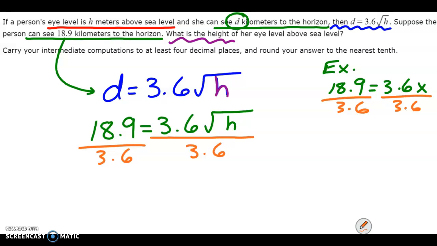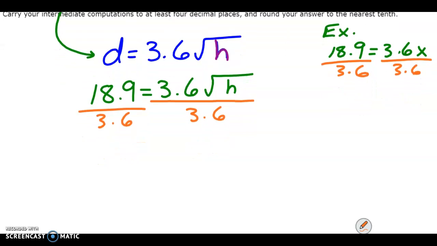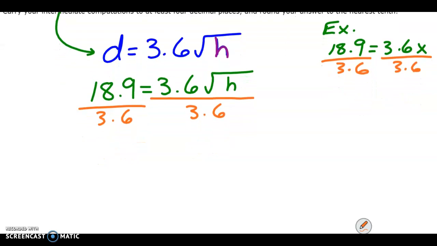And I'm definitely going to need a calculator quick for that. 18.9 divided by 3.6 is going to give you 5.25. So you end up with 5.25 on the left is equal to now just that square root of h.